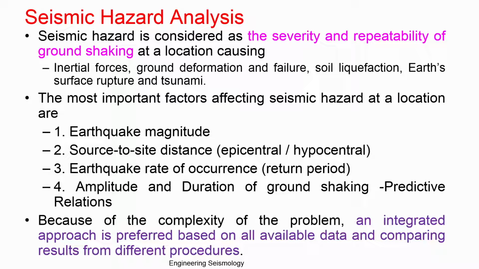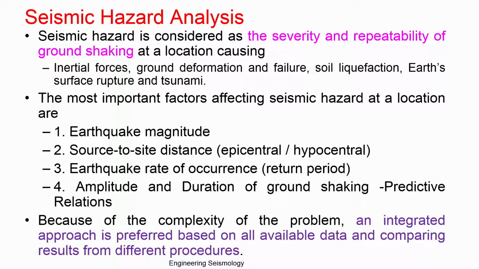These are all the information we need to account for in the seismic study area, which will result in your hazard prediction, like PGA, PGV or intensity, which will help to estimate the inertial force, ground deformation, failure, soil liquefaction possibility, landslide possibility, surface rupture possibility, and tsunami possibility.